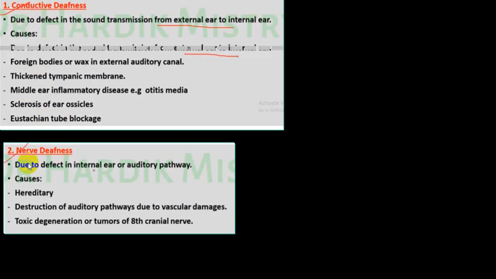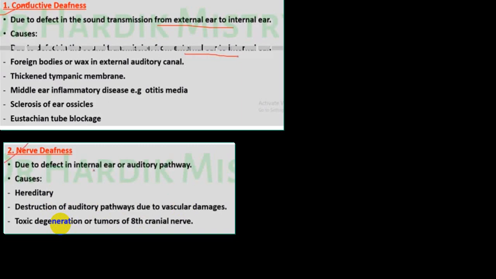While in nerve defects, that is nerve deafness, it is due to damage in the internal ear, where there is damage to the nervous conduction part of the cochlear division, which can be hereditary or can be because of damage to the auditory pathway, either because of vascular damage or because of toxic materials like chloroquine, quinine, streptomycin, those can produce damage, or because of an eighth cranial nerve tumor which is producing damage to what we call the cochlear division.